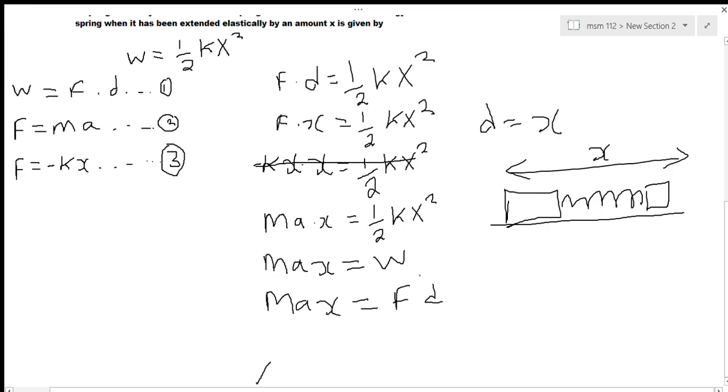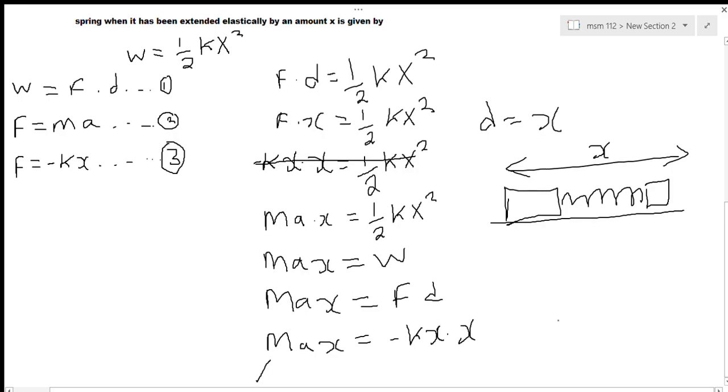Then from there, where there is force, put negative kx, because equation 3 states that F is equal to negative kx. So where there is F, you put this, and where there is d, you put x. This is ma x is equal to negative kx times x, like this. Hope you are following.